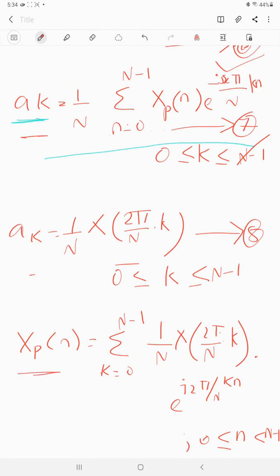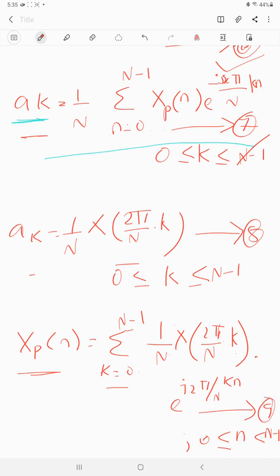Then x_p of n is equal to summation of k equals 0 to N minus 1 of 1 by N into X of 2 pi by N into k into e to the power of j 2 pi by N into kn. This is equation number 9.